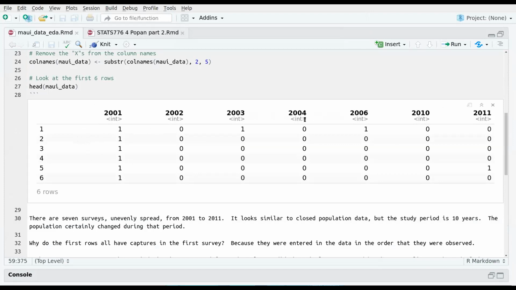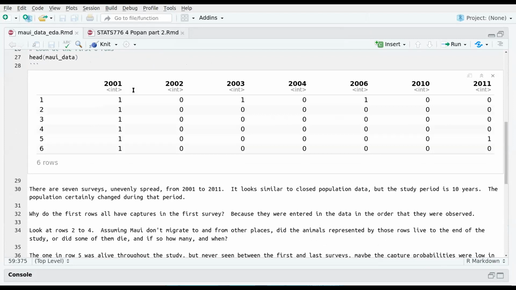There's one every year for the first 4 years, and then 1 year is skipped, and then 3 years are skipped. When you're talking about open populations, you can have much longer intervals because you're not assuming that the population is constant over the course of the study. So you need to be aware of what the intervals are.